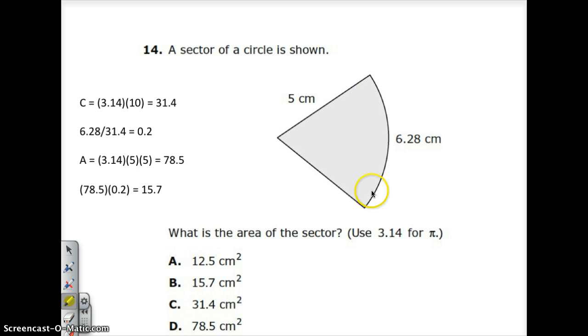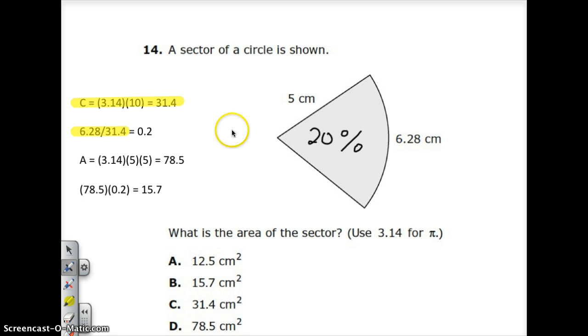So since we have the arc length, we want to find the circumference of the whole shape, multiply 3.14 times 10, and then find the fraction that results. So we take our part, our arc length, divided by our whole circumference, and we get 0.2. So this sector is 20% of the whole circle.